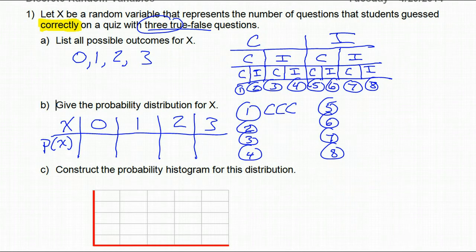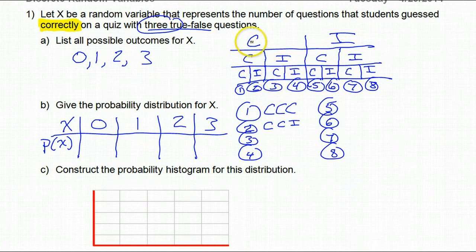Outcome number 2 is this one right here: you get the first one correct, the second correct, and the third one incorrect. Picking up the speed a little bit.